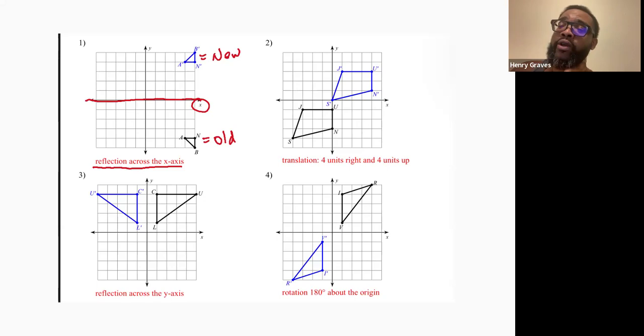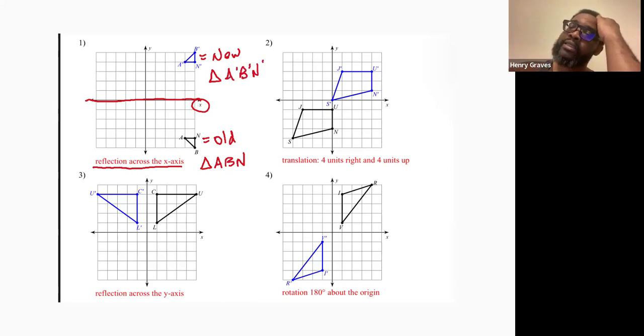The old is this triangle, ABN. And the new triangle over here is A prime, B prime, and N prime. So that's the new and that's the old, and that's for when it reflects across the x-axis.